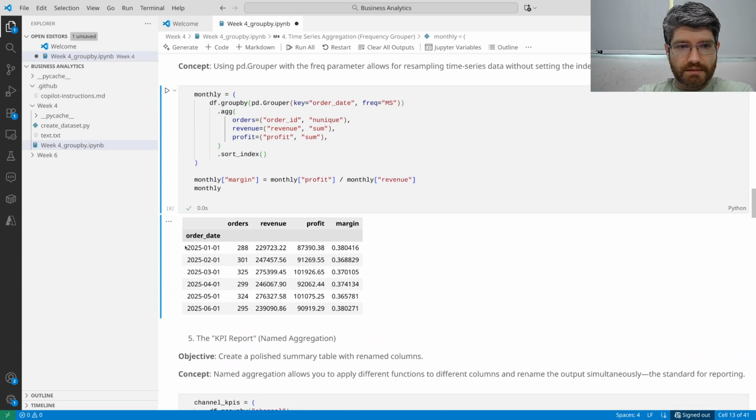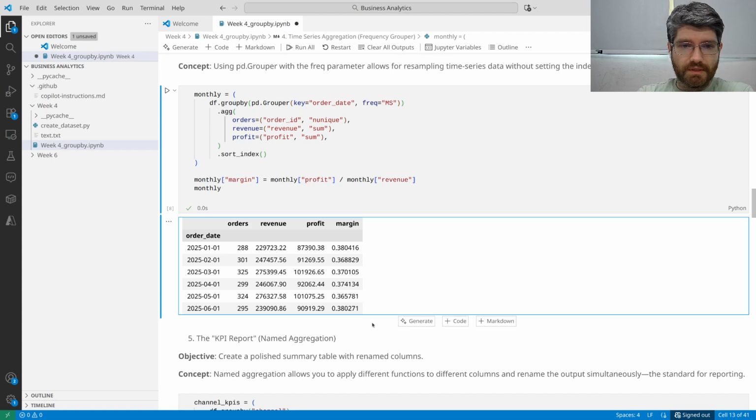We can see order dates from January up to June. We can either plot the orders or plot the revenue, and check where the profit is maximized. We can see that it's in May and March.